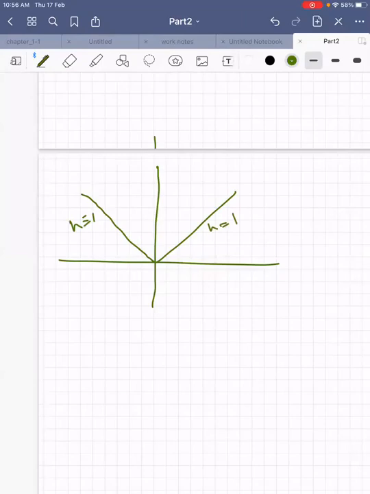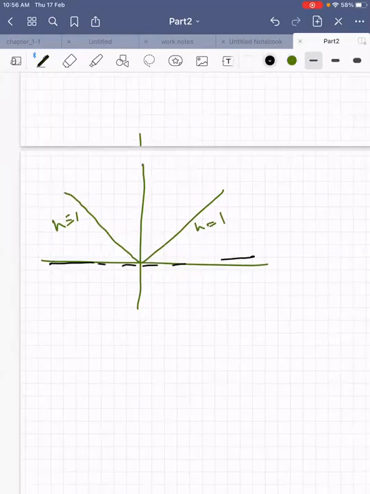Can you tell me if there is another line that passes through x equal to 0 and underestimates this function? Sir, the x-axis. Yes, the x-axis. Any more lines? I'm drawing in black all the possible lines. Any more lines? Sindhu, any other line?